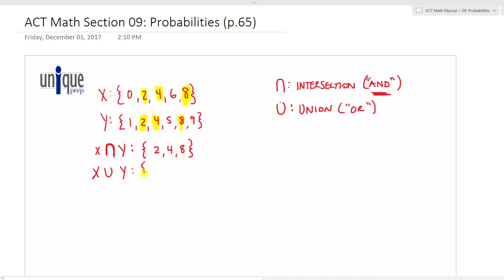So everything from both sets here, doesn't matter if it's in one or the other or both, will be a 0, a 1, a 2, a 4, a 5, a 6, an 8, and a 9. So all of these numbers, whether they are in x or y or both, it doesn't matter. When we're talking about union, we want everything from both sets, not just the intersecting points. So those two symbols, you may need to know what those mean.